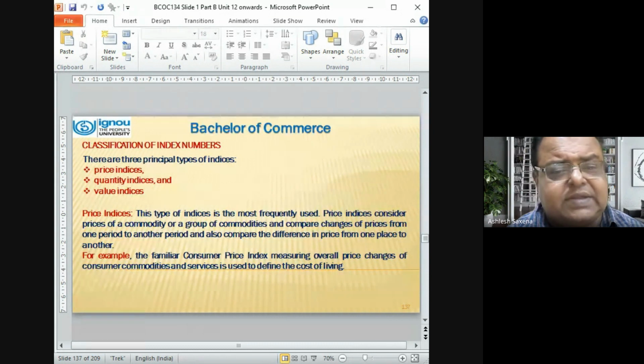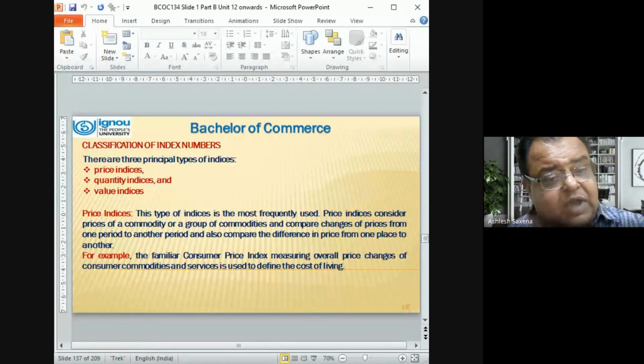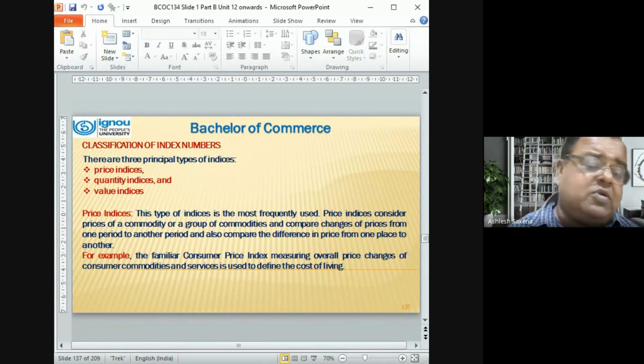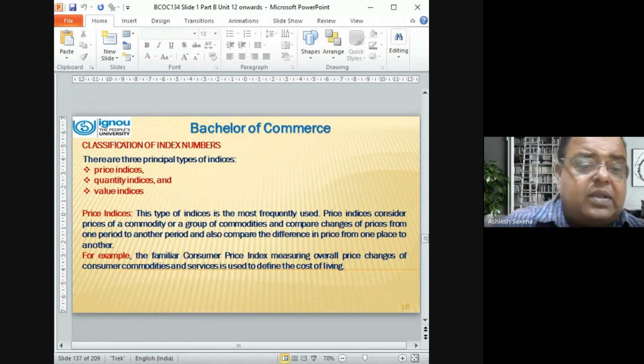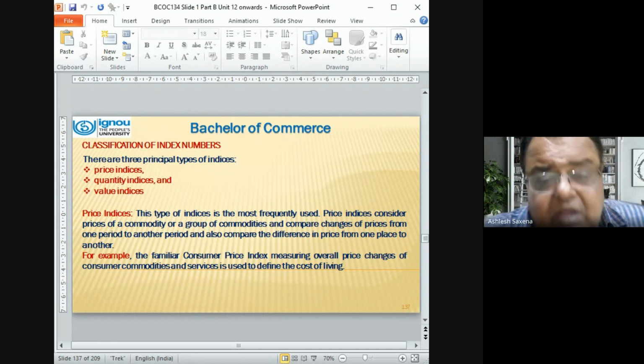Price indices consider prices of a commodity or a group of commodities and compare changes of price from one period to another period, and also compare the difference in price from one place to another. For example, the familiar consumer price index measuring overall price changes of consumer commodities and services is used to define the cost of living.